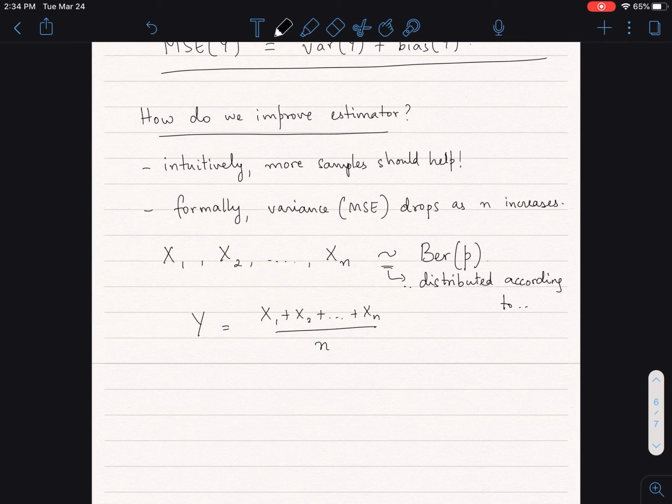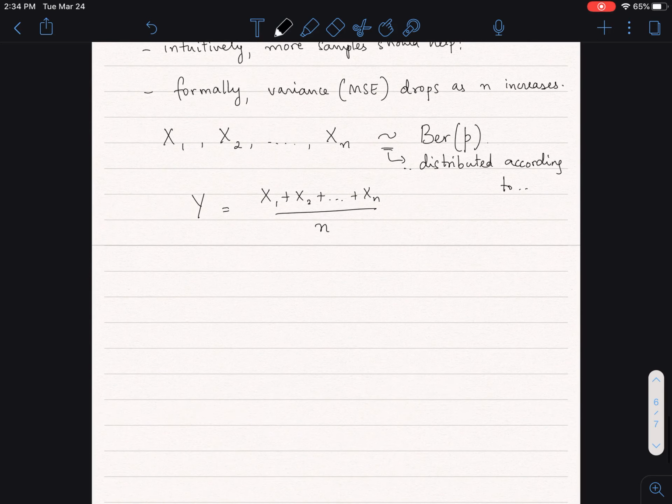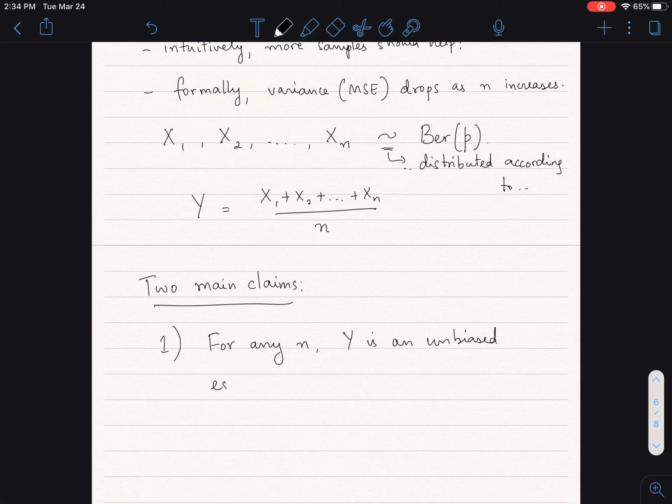Now I would like to show two things, two main claims. First, for any n, y is an unbiased estimator for p.